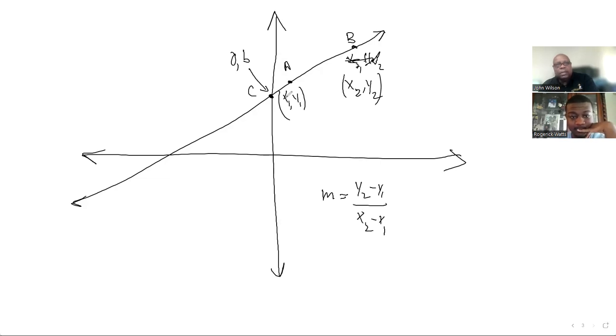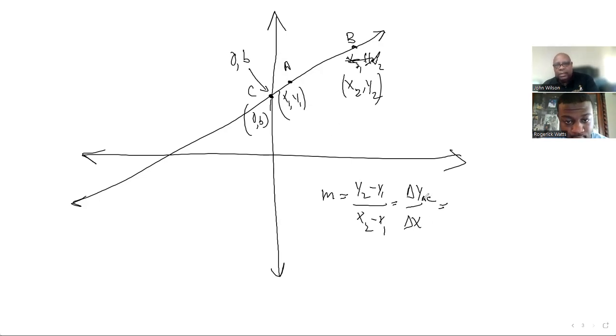But in this case, it's going to be some value minus the change in y over the change in x. That's really what it is, delta y over delta x. Well, let's do that. The change in y between A and C, put AC down here.